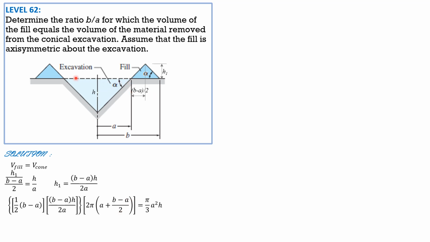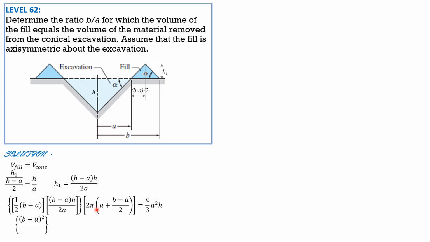Then the volume of the cone is pi times radius squared, pi A squared, times height divided by 3. So simplifying, this is (B minus A) quantity squared. Let's cancel out H: (B minus A) squared over 4A.